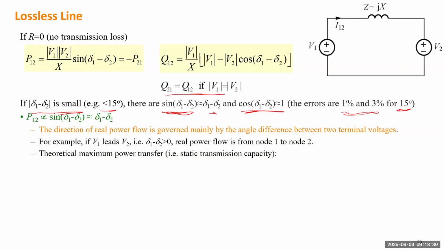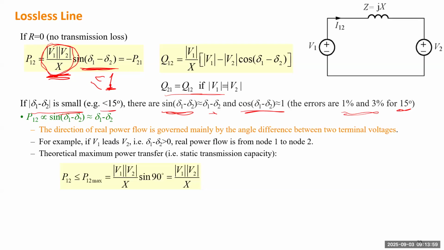The theoretical maximum power transfer really depends on this value, because the maximum value for this sine of the angle will be 1. So this one is always less than or equal to 1. So this factor really determines the theoretical maximal active power you can deliver through any transmission line. So when the angle difference reaches 90 degrees, that will be the theoretical maximal power transfer.